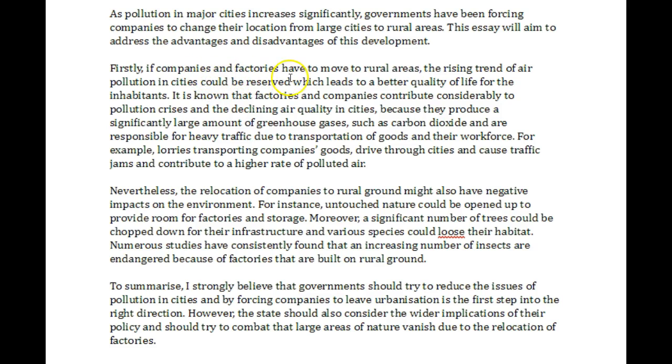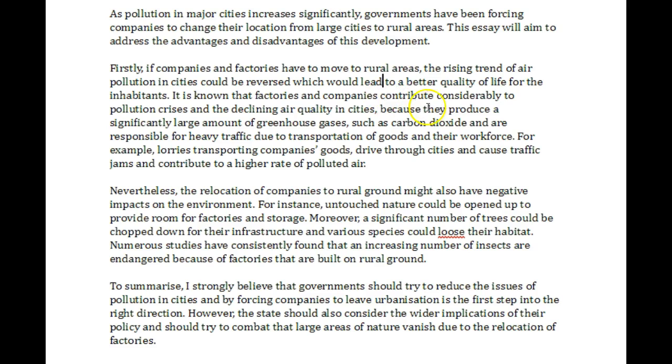If companies and factories have to move to rural areas, the rising trend of air pollution in cities could be... do you mean reversed? Could be reversed, which would lead to a better quality of life for inhabitants.